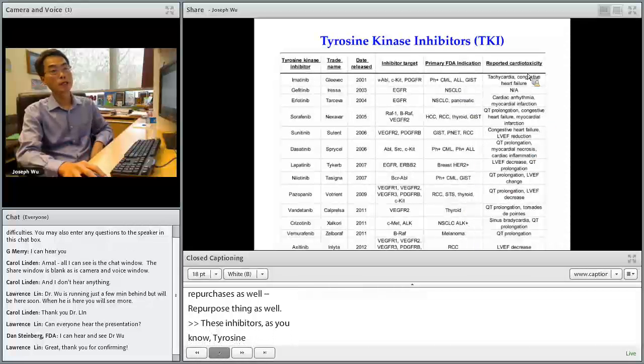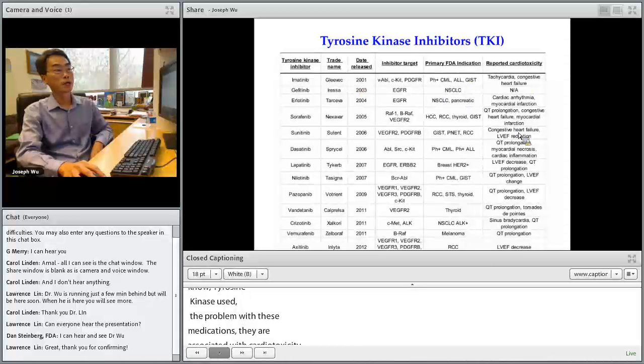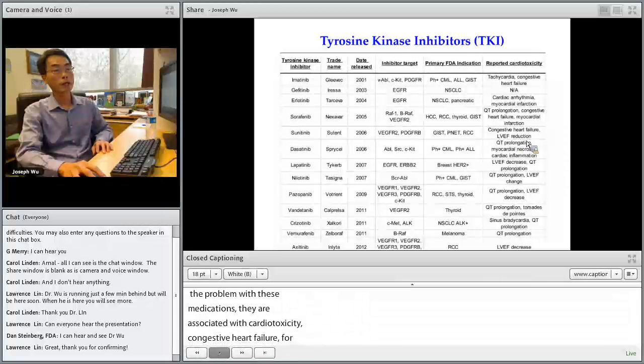The problem with these medications is that they are also associated with cardiac toxicity. They could cause tachycardia, congestive heart failure. With Gleevec, for example, they could cause impaired LVEF. They could cause QT interval prolongation. They could cause torsades as well.